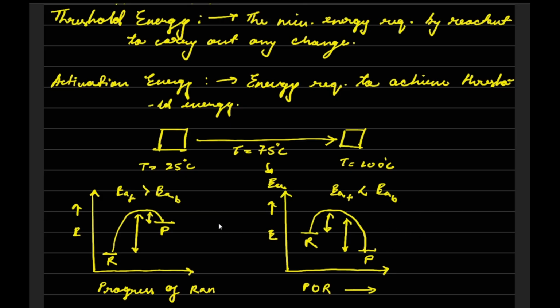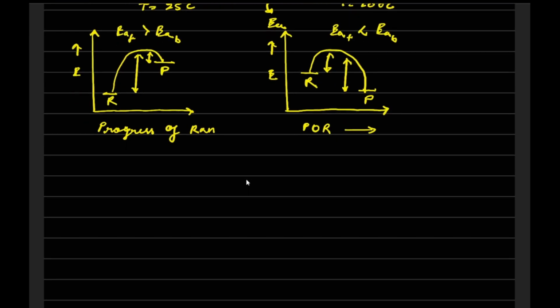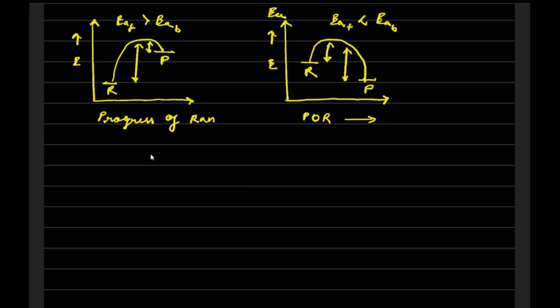Therefore, in this case, delta E will be EA of forward minus EA of backward, that is positive.